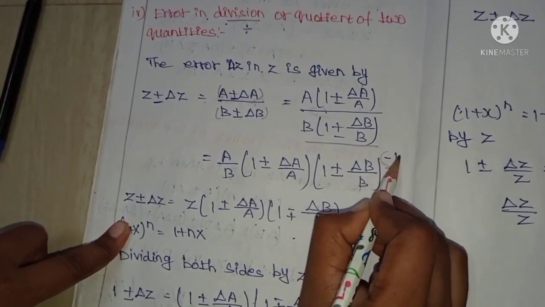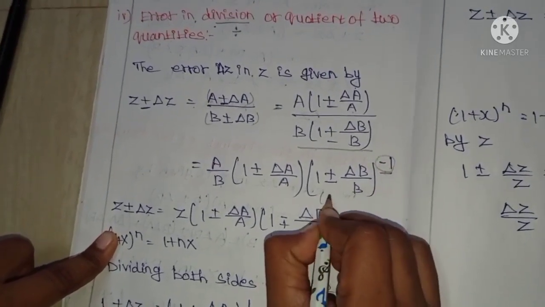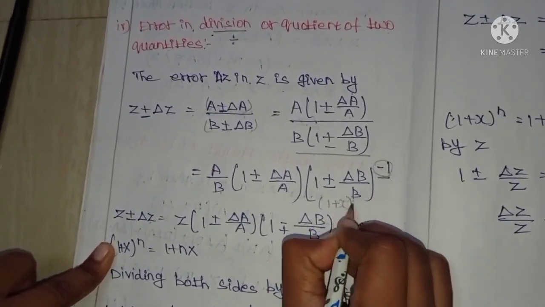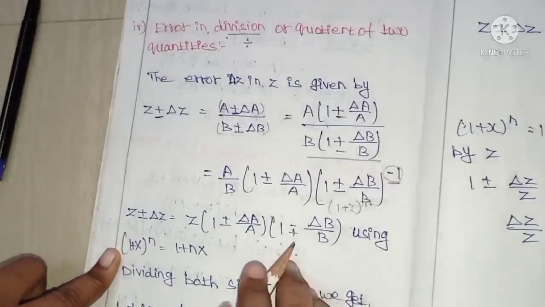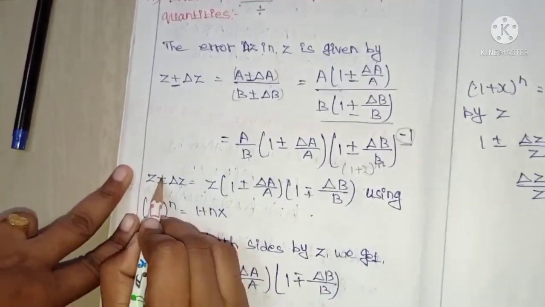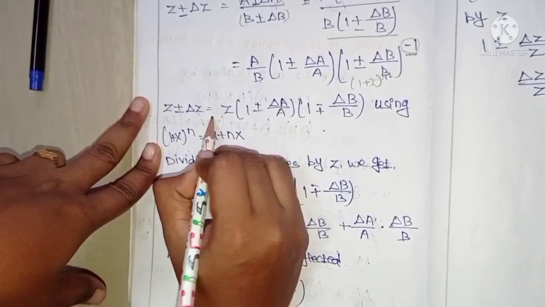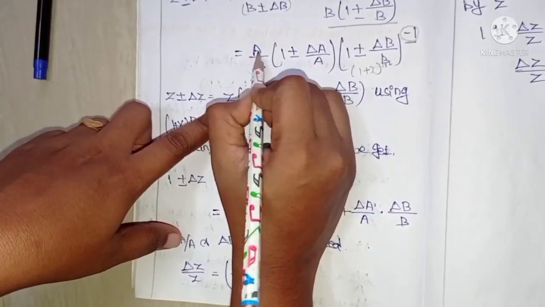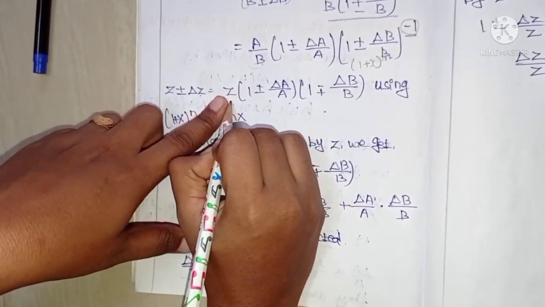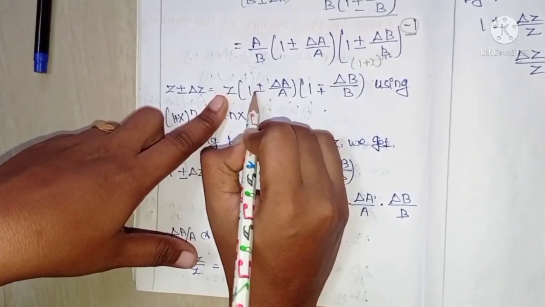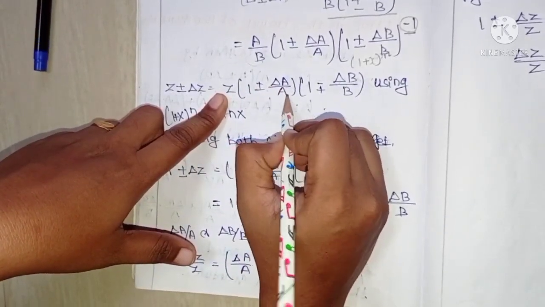Since we are having minus 1, it is in the form of 1 plus x, the whole power n. So, z plus or minus del z is equal to, this a by b is replaced by z, which we have mentioned previously, 1 plus or minus del a by a.